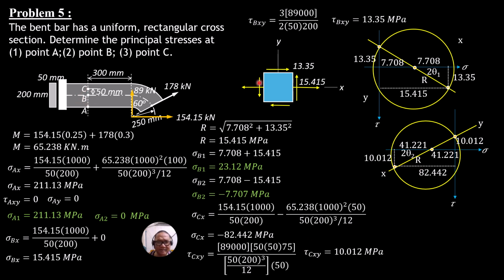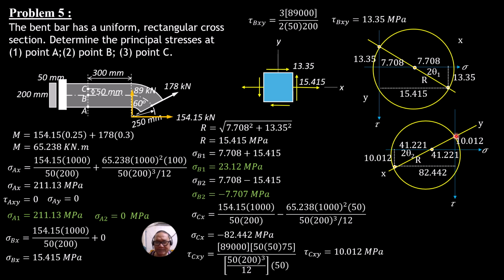So that's positive. If you imagine an element, that's positive, so counterclockwise about the center. Then the other point should be sigma y through C, 0, and shear stress negative 10.012. So this is the radius.